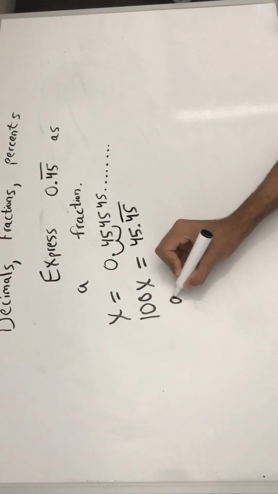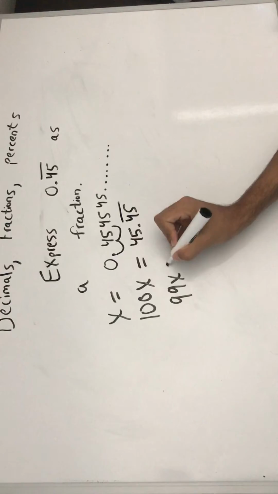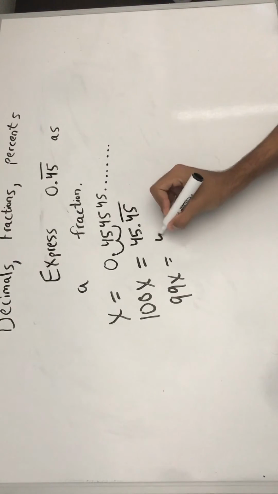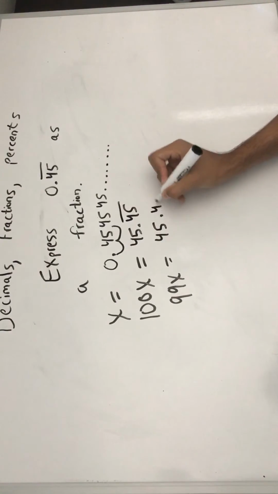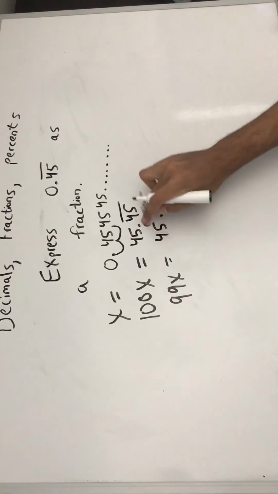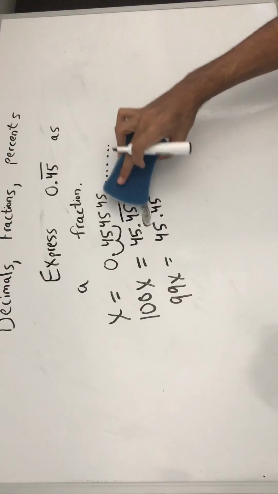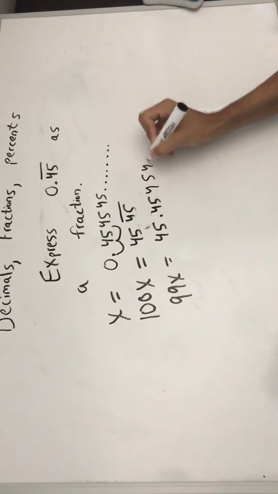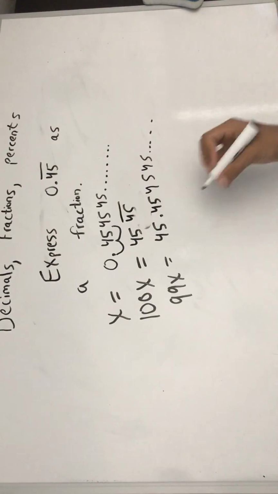If we were to find what 99x is, we're subtracting the x from 100x. That's 99x, which means that 45.45 repeating, or we could just say 45, 45, 45. You get the idea here.